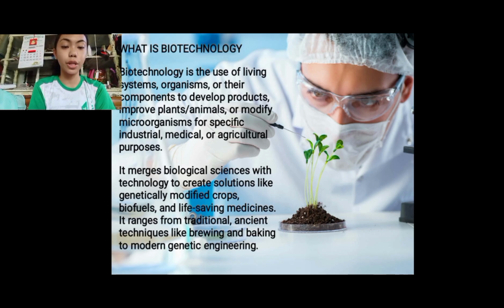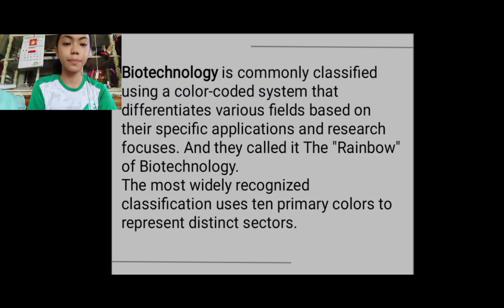It merges biological sciences with technology to create solutions like genetically modified crops, biofuels, and life-saving medicines. It ranges from traditional ancient techniques like brewing and baking to modern genetic engineering.